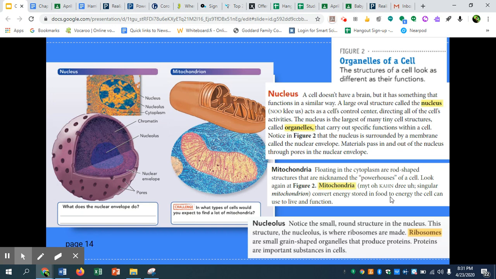You might think, oh, my heart needs a lot of energy. When I walk, when I run, when I play sports, I need a lot of energy. So what is working there? Your muscles, and your heart's a muscle too. It's a very special kind of muscle. So you would expect to see a lot of mitochondria in your muscles. So we're going to write that down.